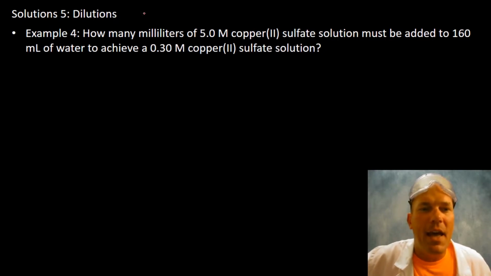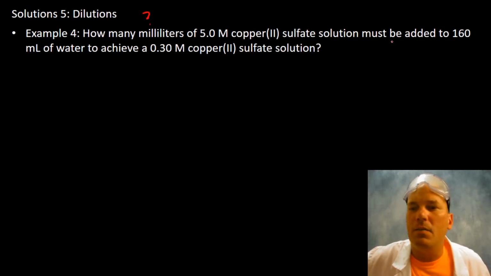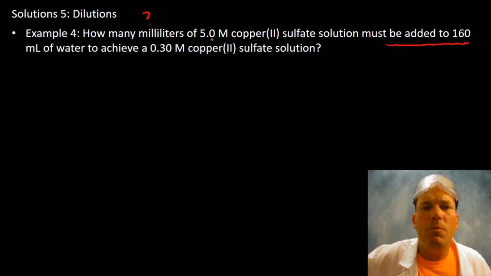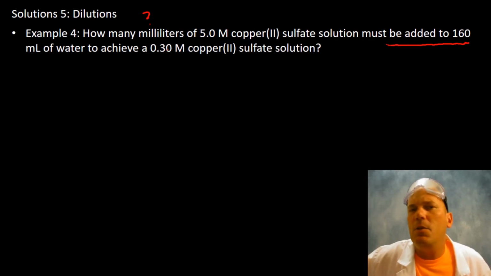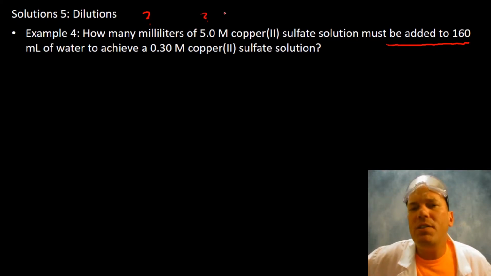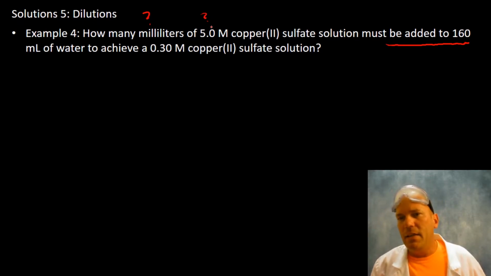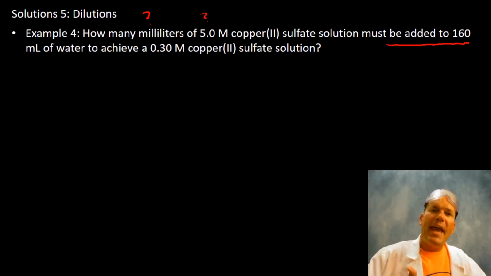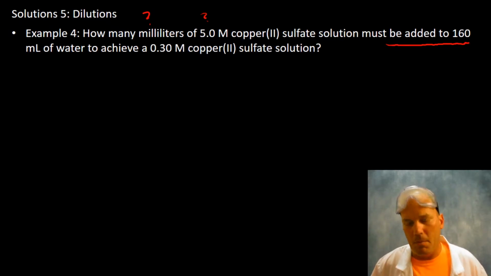It's saying how many milliliters must be added to? We're starting with a 5 molar and ending with a 0.3 molar, but it's saying how much of that should be added to a given volume, 160. So it's an additive type problem.